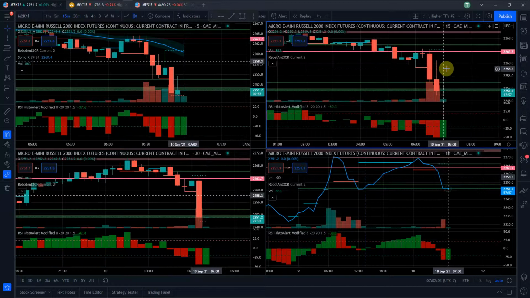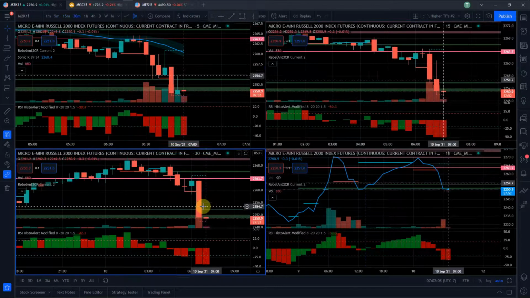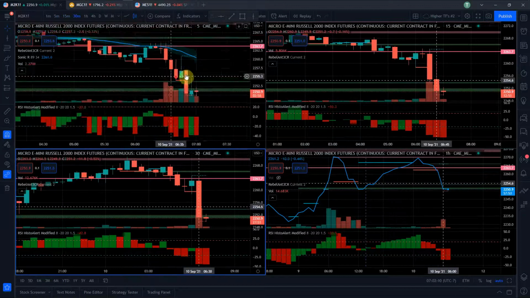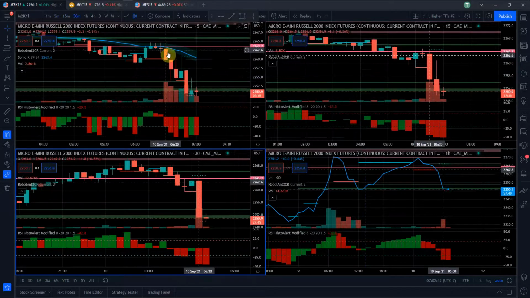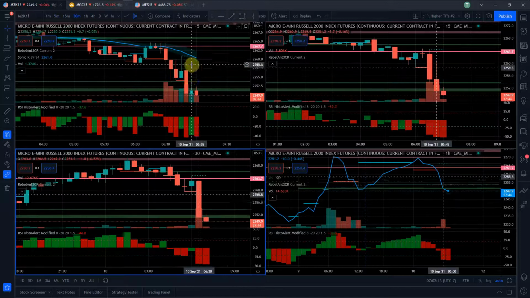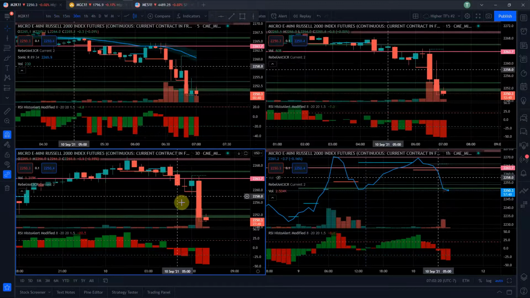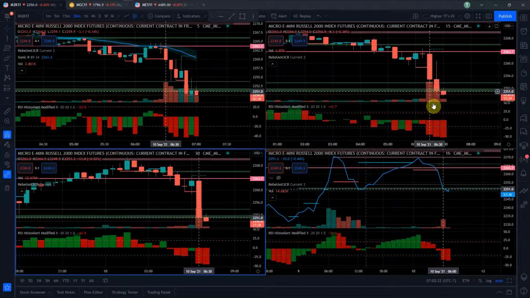But when you have so many puzzle pieces together and you can see everything is aligning, you have the close below the dragon, you have clear space, you have momentum and agreement, you have a 3CR on the higher time frames, the RSI is agreeing on the higher time frames.